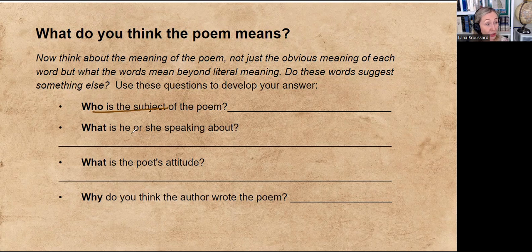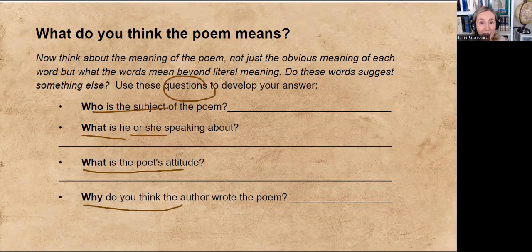What is he or she speaking about? What is the poet's attitude? And why do you think the author wrote the poem? Those are the questions that you're going to consider when you write your response as to what the poem means.